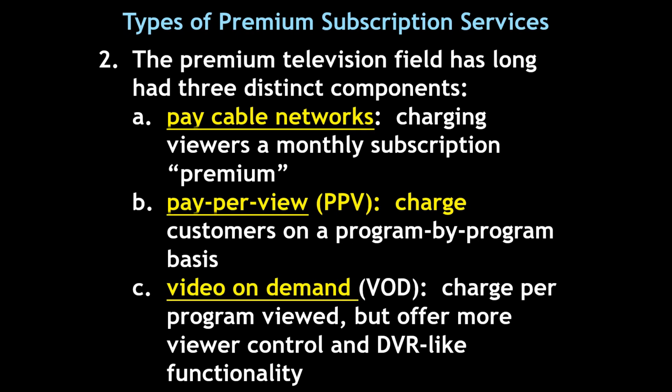Many times these are going to be scheduled on a special channel that you would have to call up or click on your remote to access that particular content for that particular time. And then video on demand is kind of the same thing, but instead of watching the content at a certain time like you would on a regular channel, it's available whenever you are ready to consume the content.